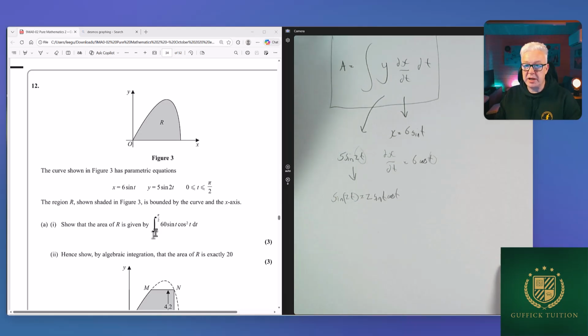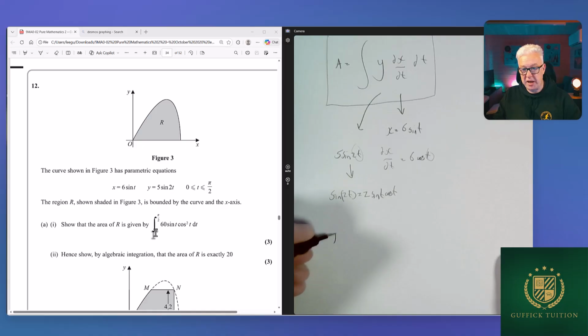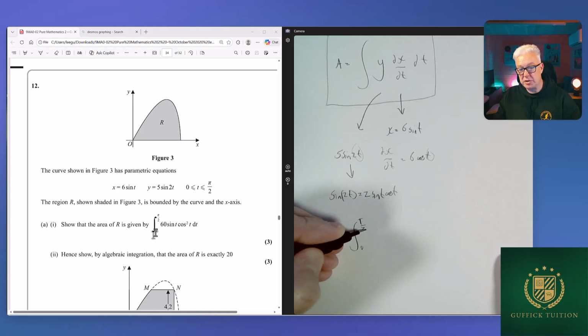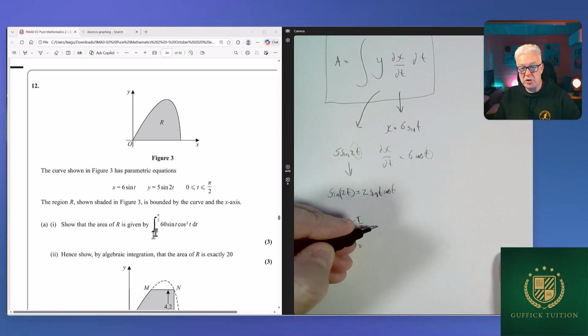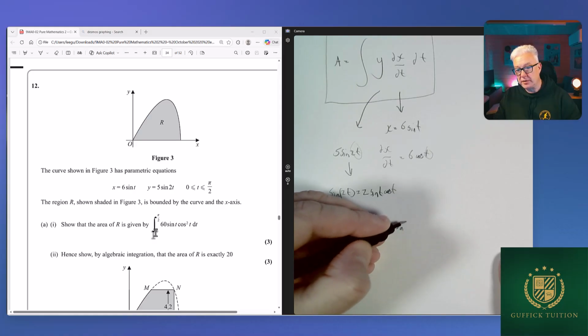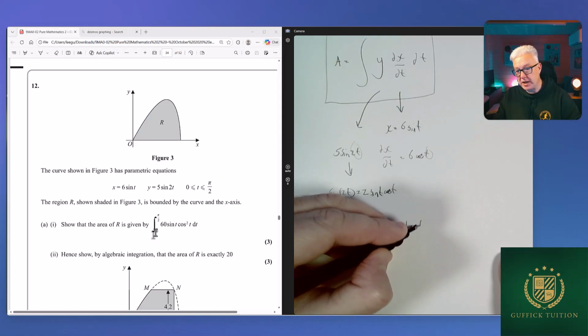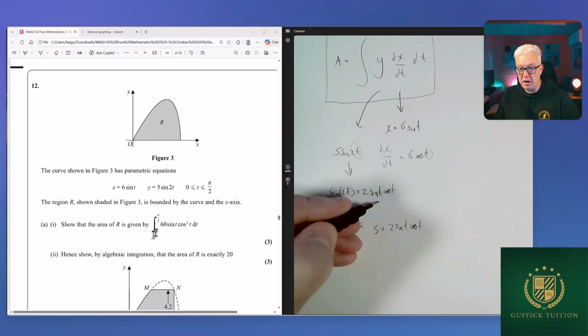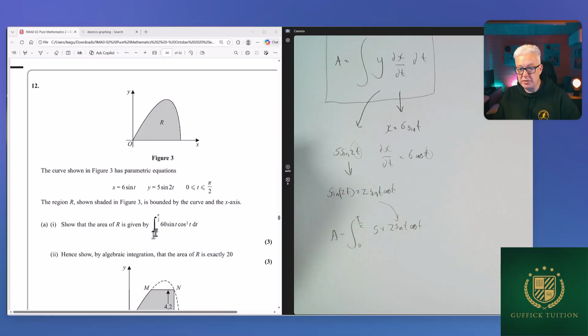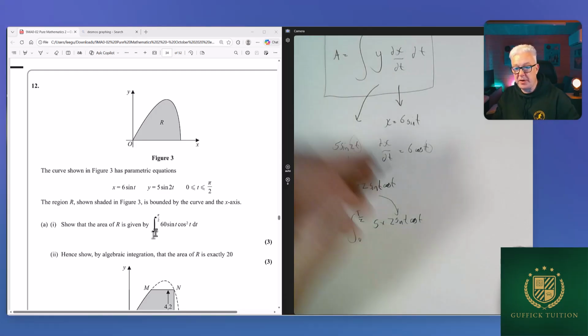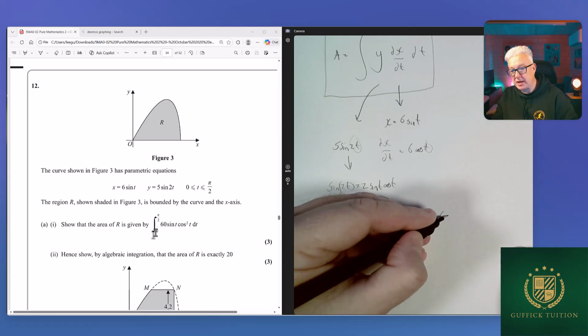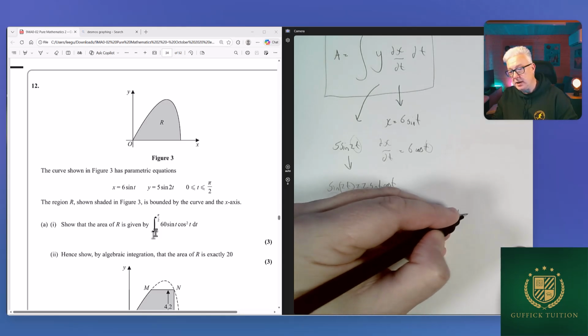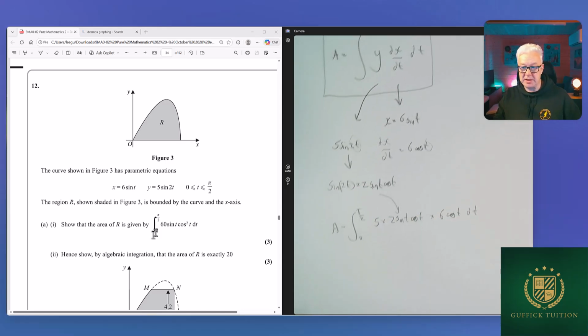And now we can bring those elements together to find our expression for A. So A is the integral between 0 and pi over 2 of y, which we're going to say is 5 times 2 lots of sine t cos t. So that is our sine 2t, times dx by dt, which is 6 cos t. And we're integrating that whole thing with respect to t.